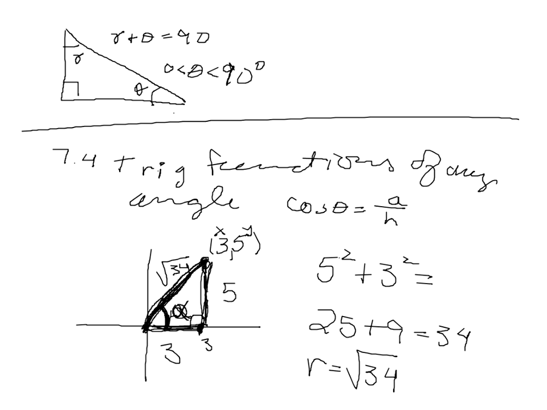So here's the angle. This is adjacent. So we get 3 over the square root of 34. Sine alpha equals 5 over the square root of 34, and we continue on with our others, although I've run out of room. So let's get a new page.